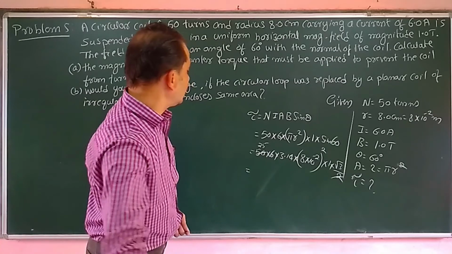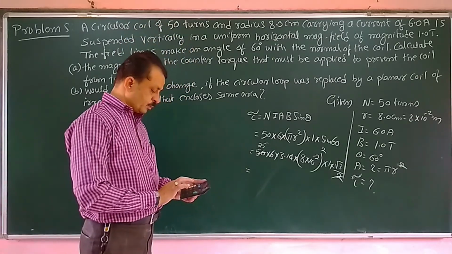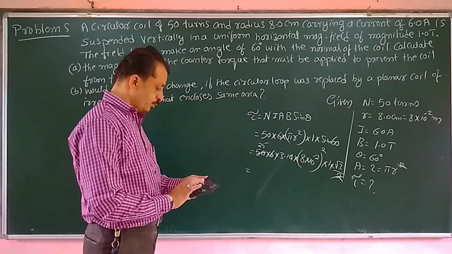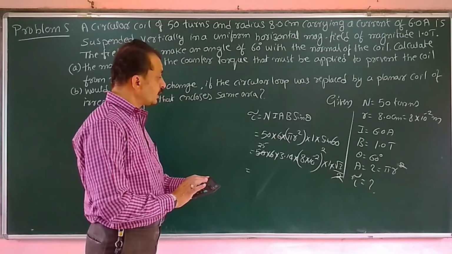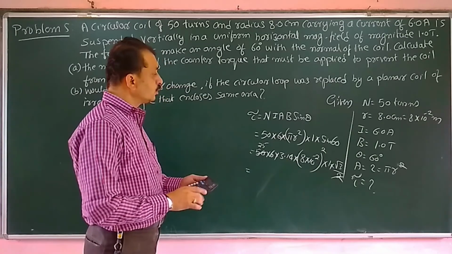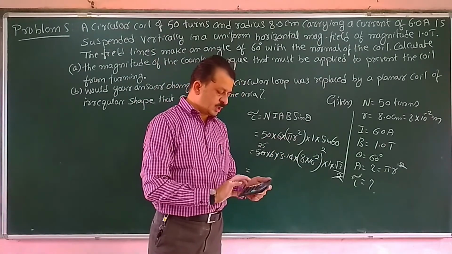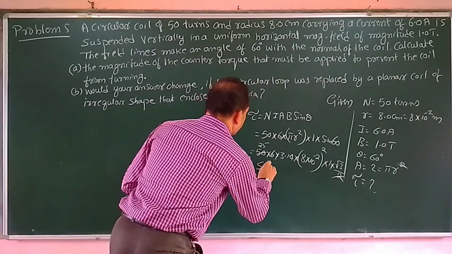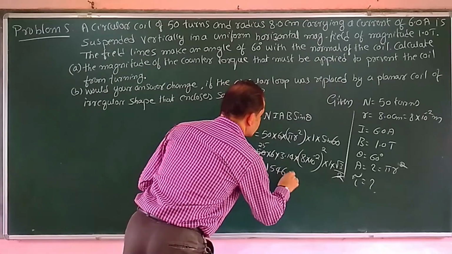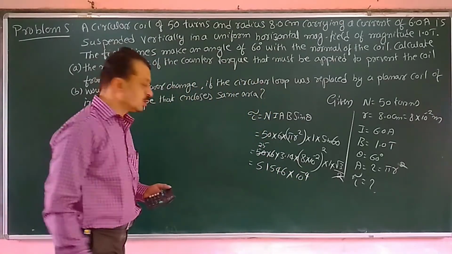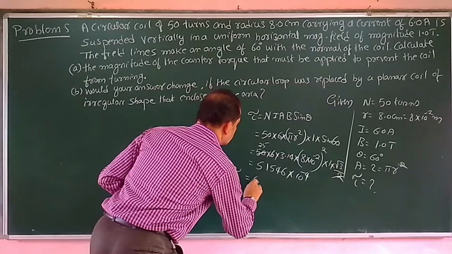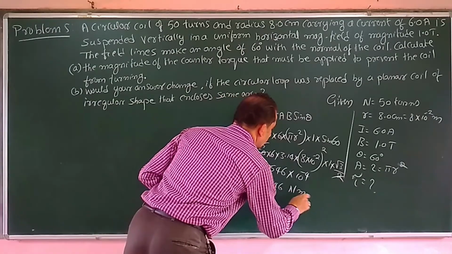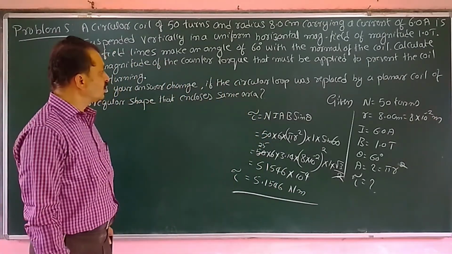Now take the calculator and go on simplifying this. 25 into 6 into 3.14 into 8 into 8 into 1 into root 3, it is 1.71. I am getting 51546 into 10 to the power of minus 4, or this torque is equal to 5.01546 Newton meter. Now this is the torque.